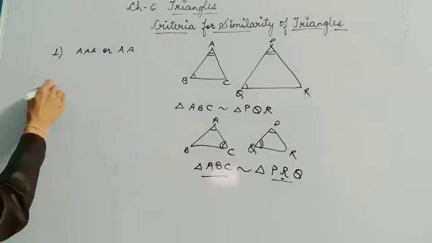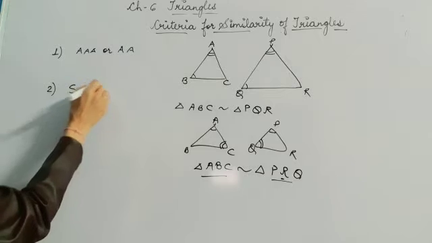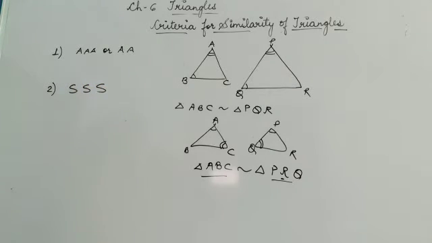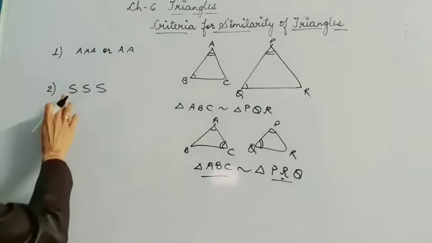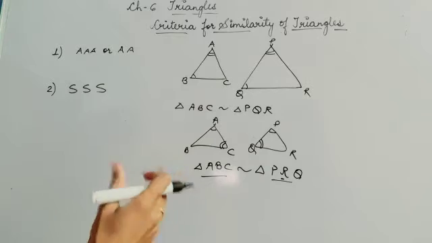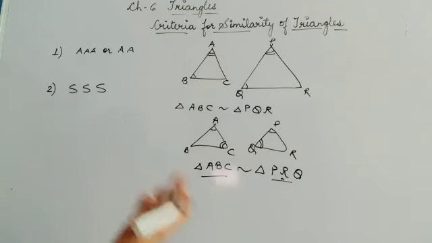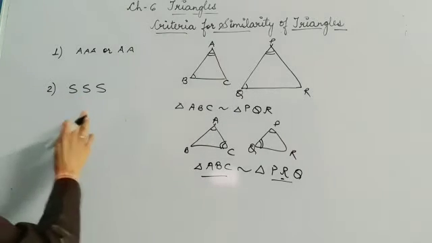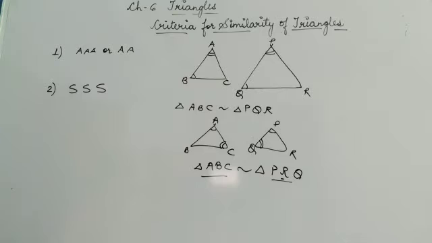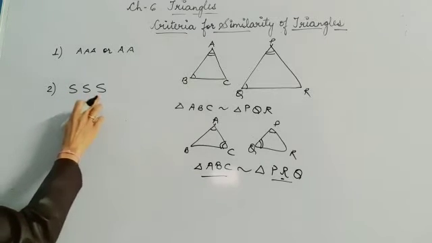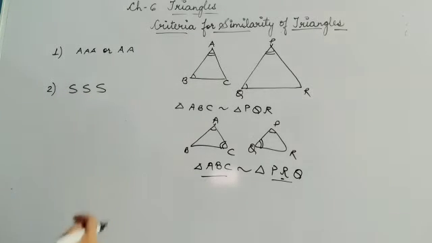Now for the second we have the SSS criteria. Now children, in congruency you have learned that if all the sides of a triangle are equal, then we say that it is a congruent triangle. But when you are working on similarity of triangles, then SSS means that the ratio of the corresponding sides should be equal.